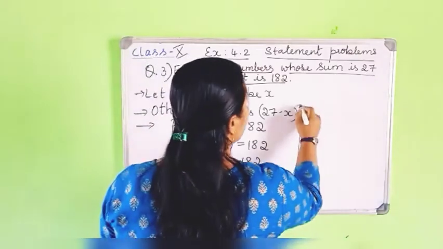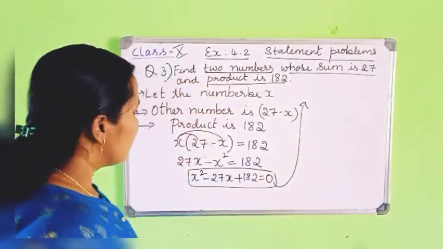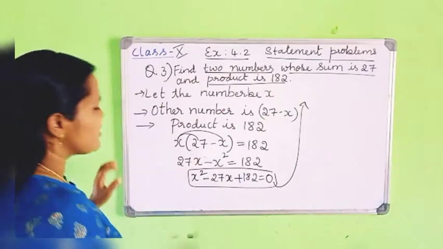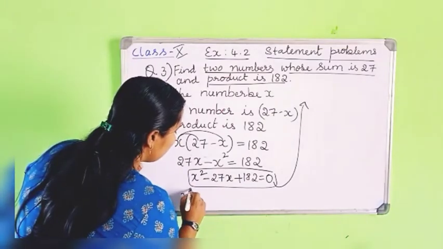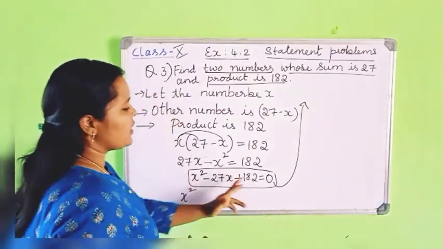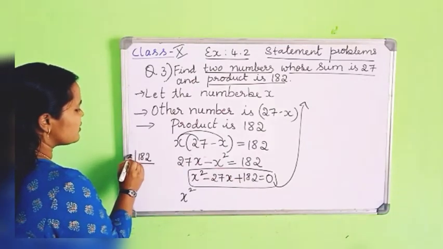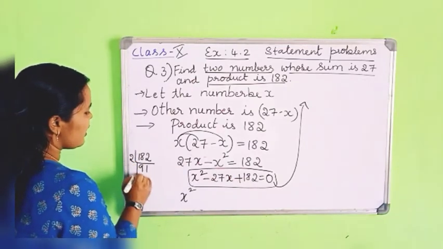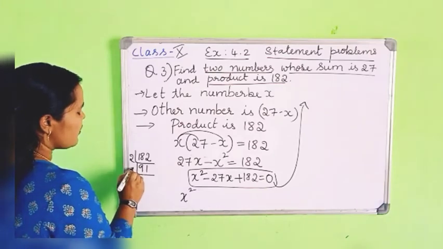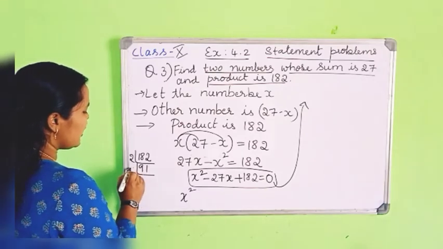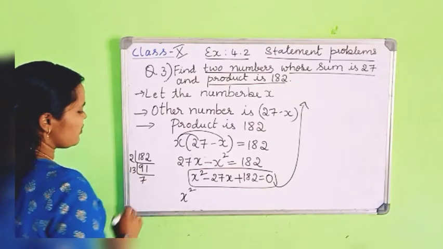Okay, come to the question. See here, I taught you how to factorize this 182, right? You can factorize 182 like this: 2 9s are 18, 1s are 91, that is in the 7 table, and you can also take from the 13 table, 13 7s are 91.